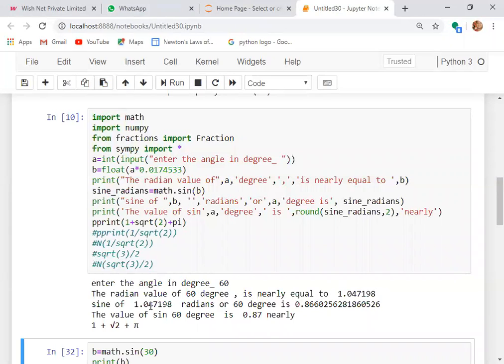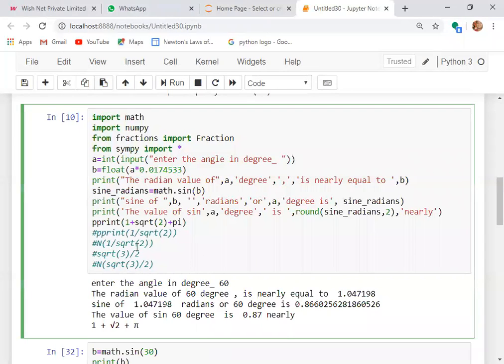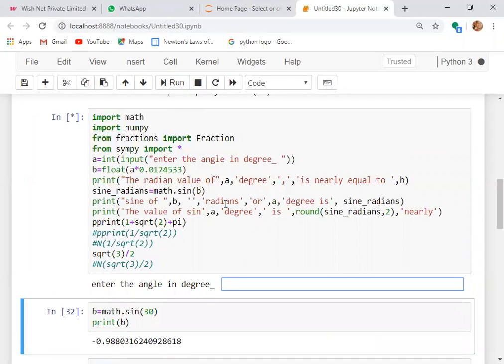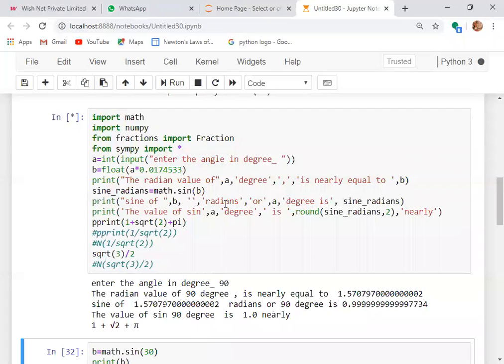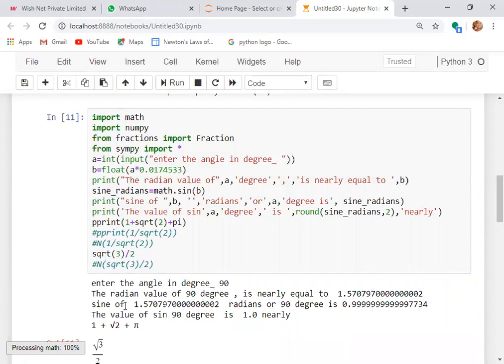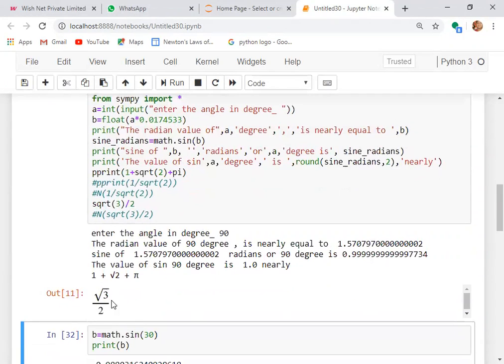This type of printed pattern in Python can only be done with the help of the SymPy module. If you execute this again, let it be 90 degree, sine 90 degree, 1 by root 2, and see that root 3 by 2. This type of execution can only be done with this.